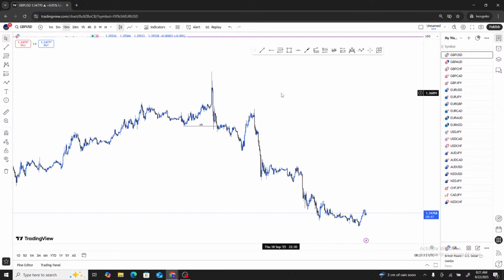We start looking for levels we can trade from to continue the direction on the higher time frame.